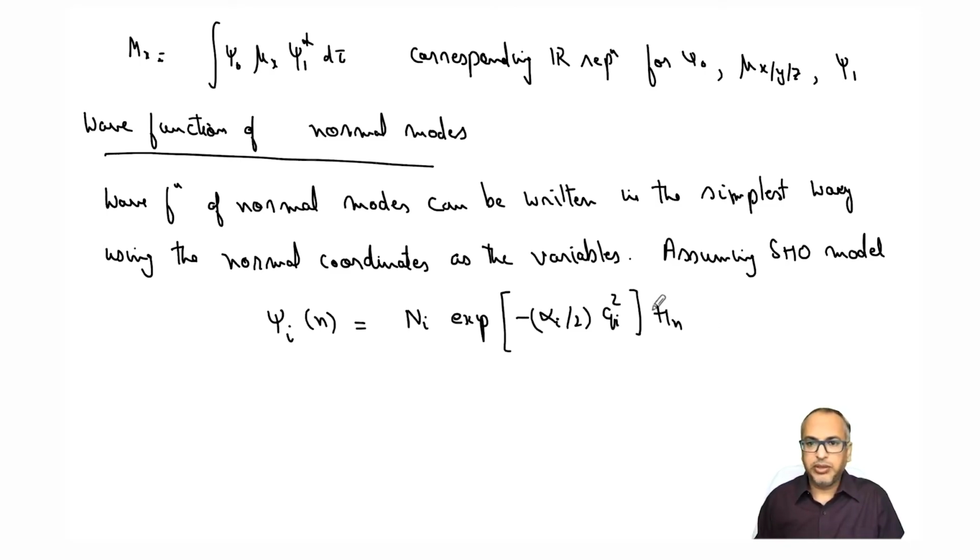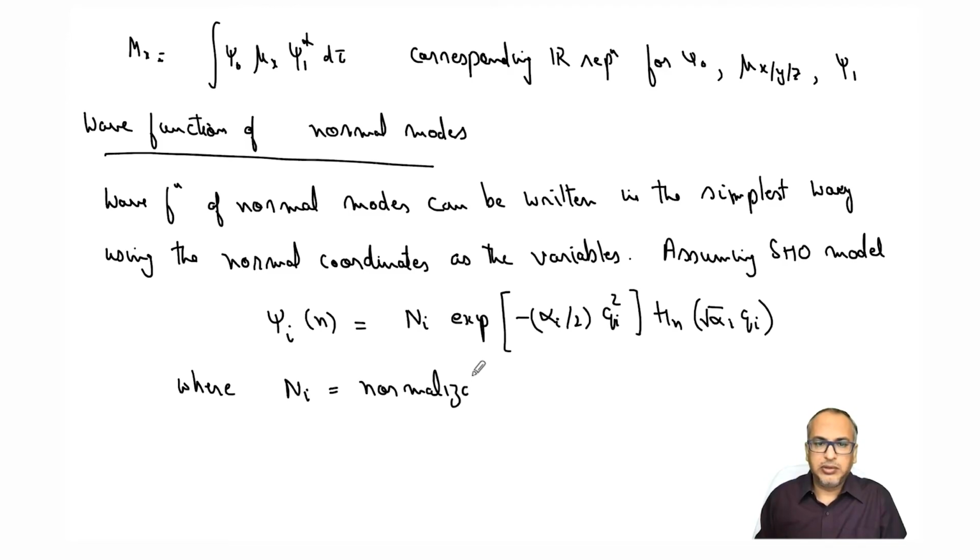I'm not asking you to remember this expression, I'm just giving it to you, and if I ask in the exam I will give you this expression, so do not worry about it. It's a long expression, I know, but just understand the maths behind it. Now let us try to explain all of this. Psi_i is the wave function of the normal mode. N_i is the normalization constant, so it does not affect the symmetry.